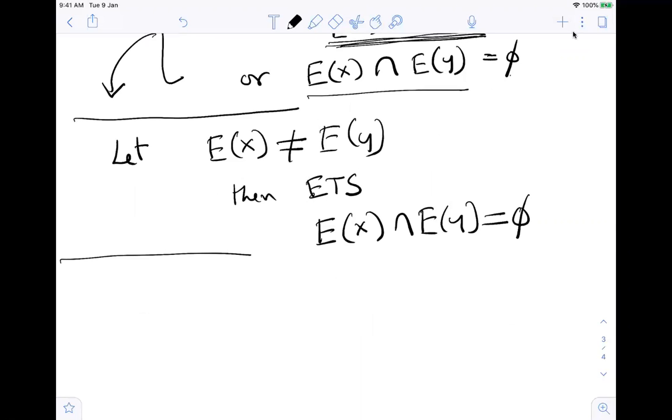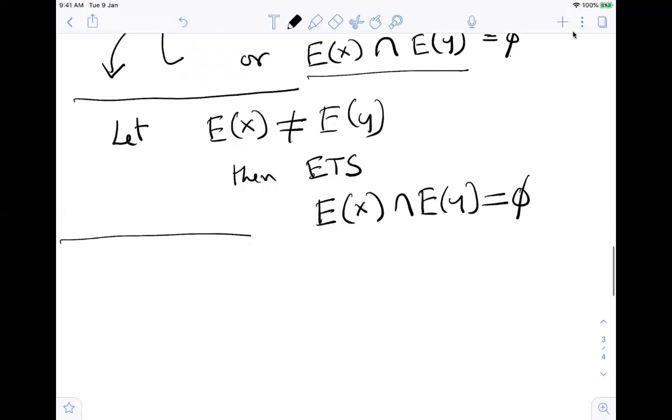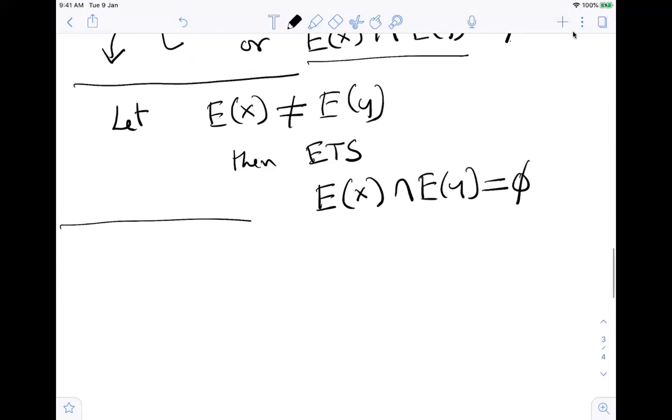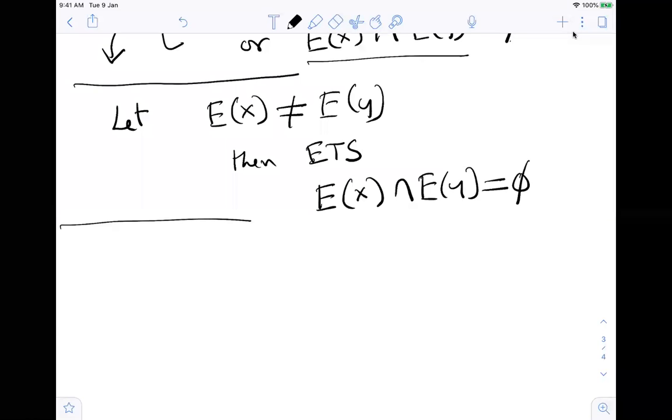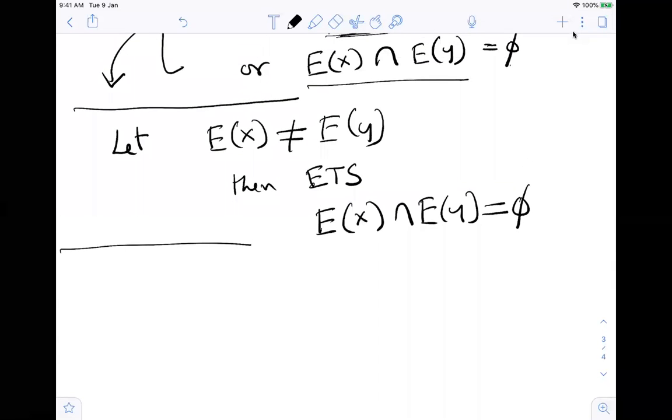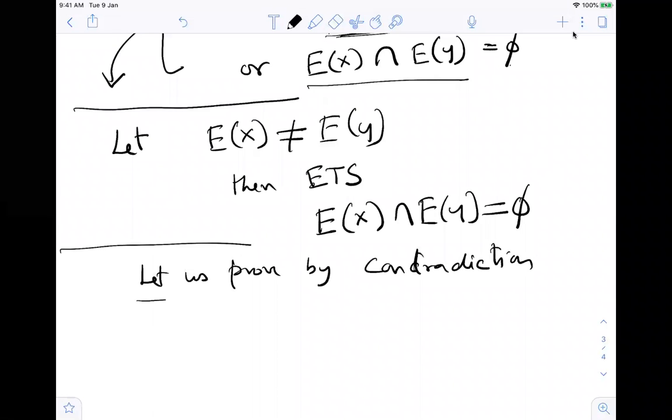You're completely right. This is what we will use, and we will be using not only transitivity, I think we will use the symmetric property also. But to go about it formally, let us prove by contradiction. What does it mean?